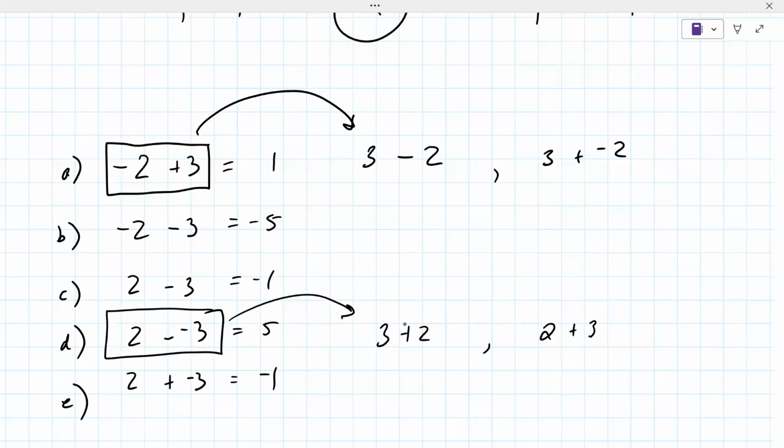Maybe 2 plus 3. Yeah. All right. Can you give me another way to write B? E? No, B. -3 minus 2. Very good. Okay.